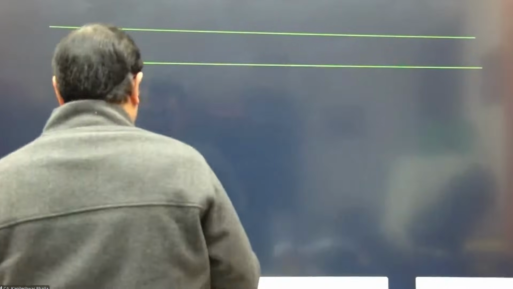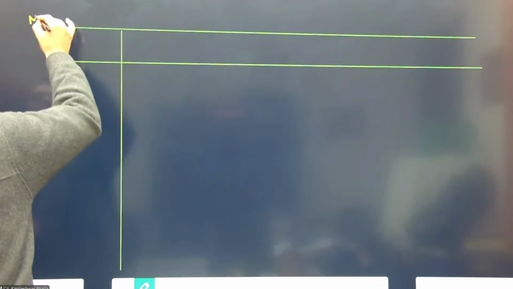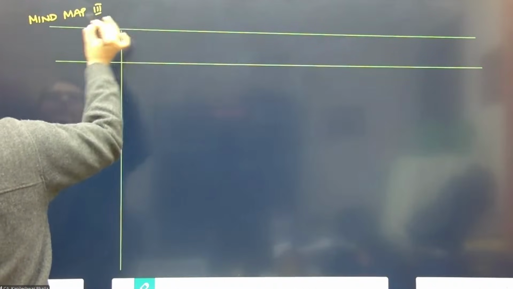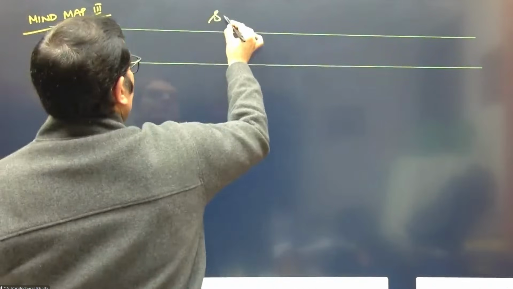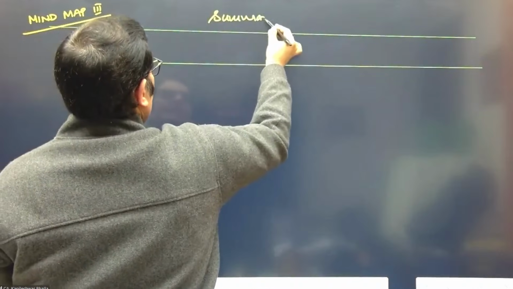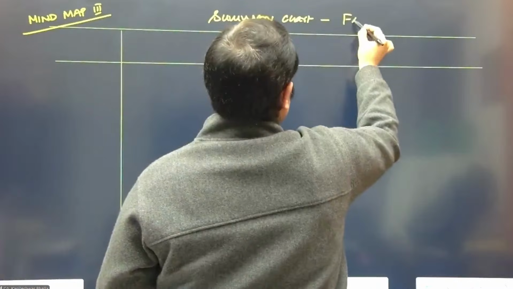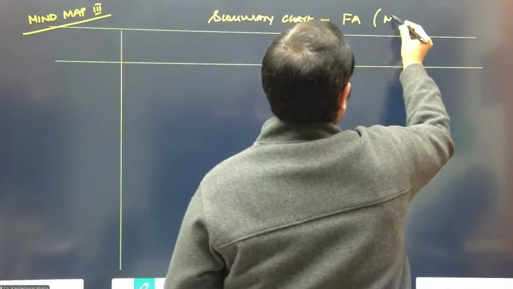Okay, so let's consider this. We are going to consider an interesting summary chart that becomes my mind map number 3. This is a summary chart with reference to the financial assets measurement aspects.